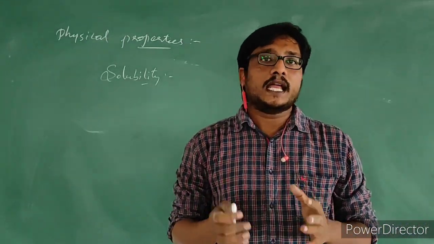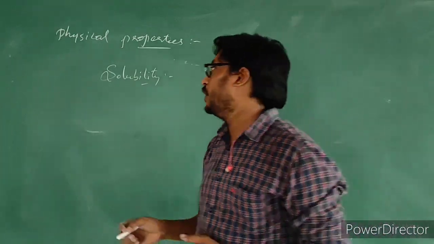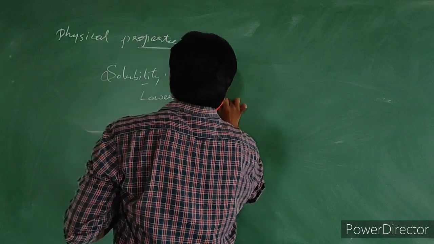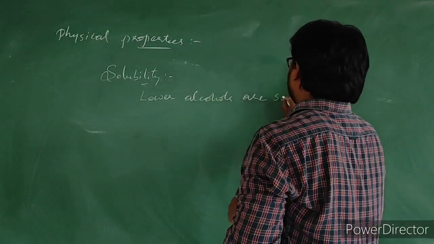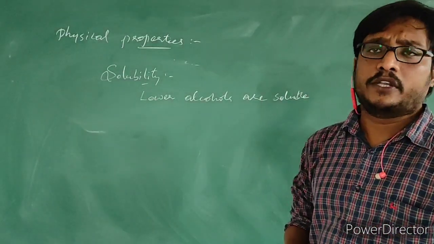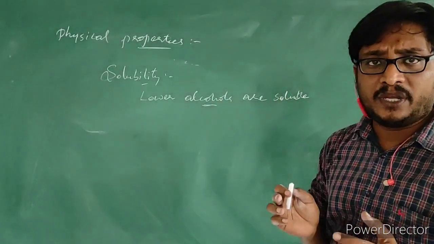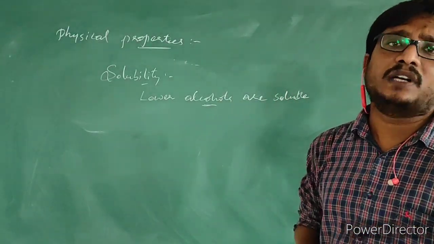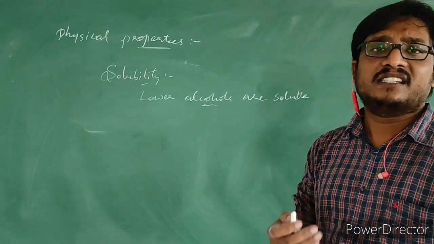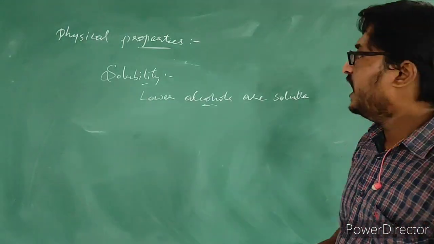Lower alcohols are generally soluble in water because they form hydrogen bonds with the water molecules. Lower alcohols means they have a smaller number of carbons. Since they have fewer carbons, they can form hydrogen bonds with the water molecules easily.